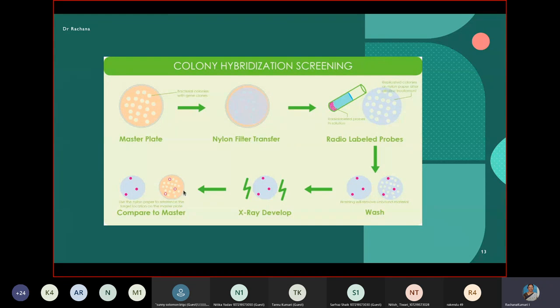And now that we have immobilized onto the nylon filter, it is easy for us to recover the DNA fragments or the plaques or the colonies and then subculture them for further manipulation.